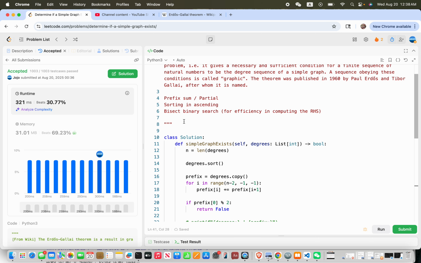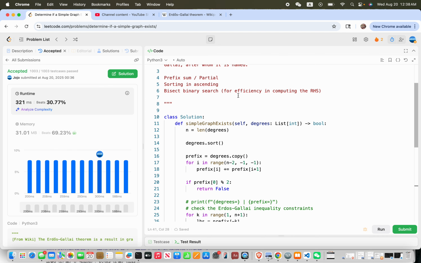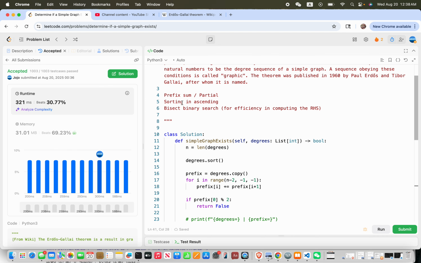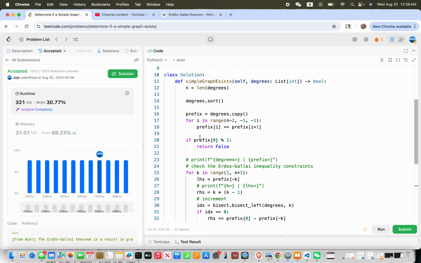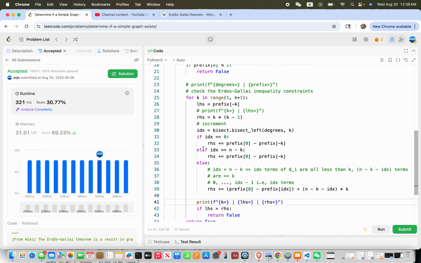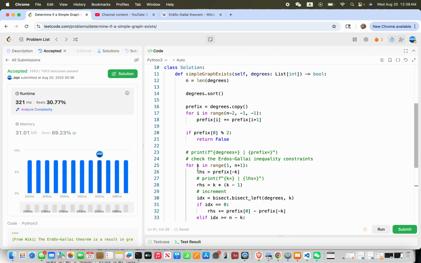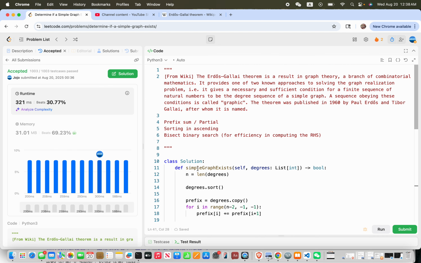The thing here is how to make an efficient computation or check. Here we used sorting, prefix or partial sums, and also binary search to accelerate the process. With that said, I guess that's basically it for the current problem. Thank you for watching.